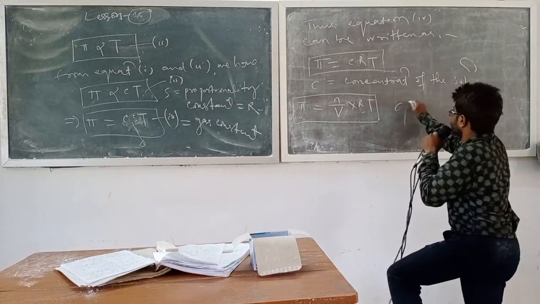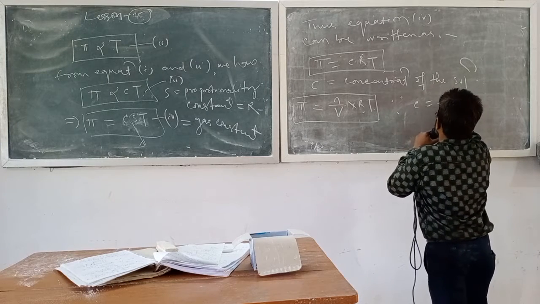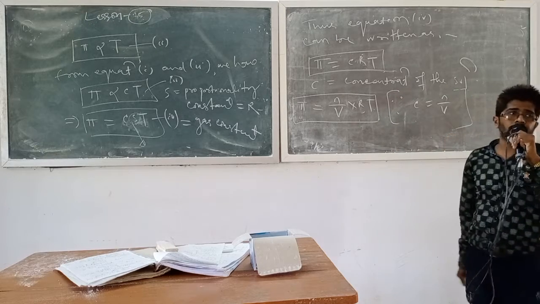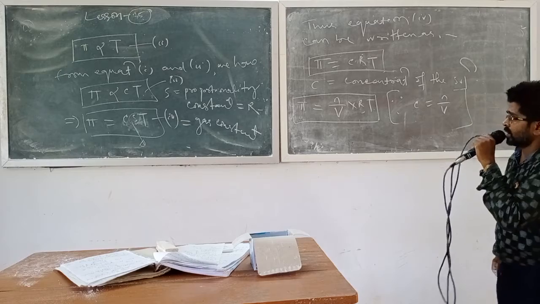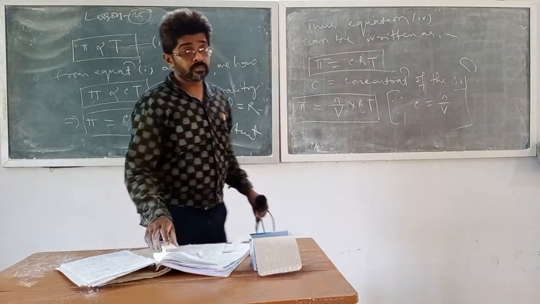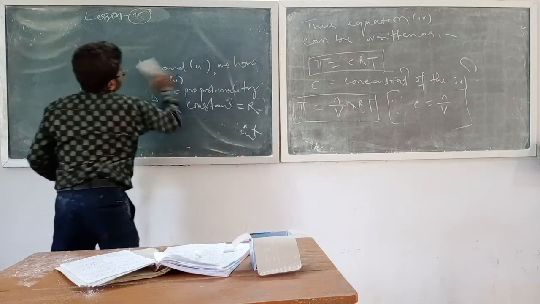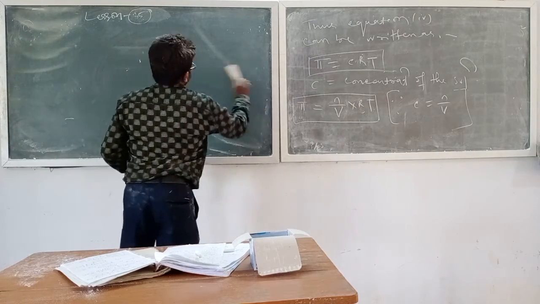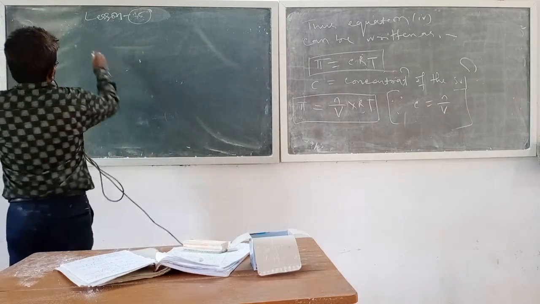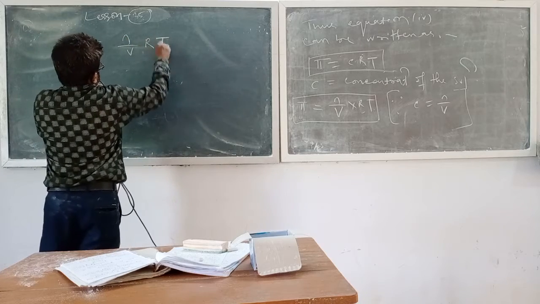Here C equals N by V, because concentration is the number of moles of solute present in a given volume of the solvent. So here we got pi equal to N by V RT.